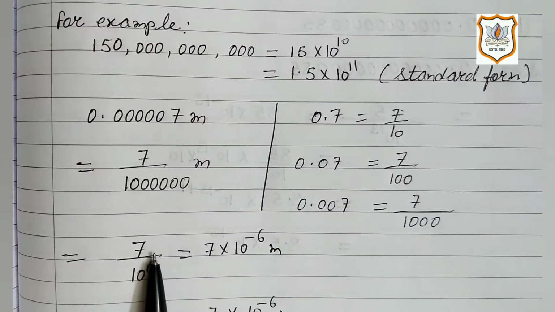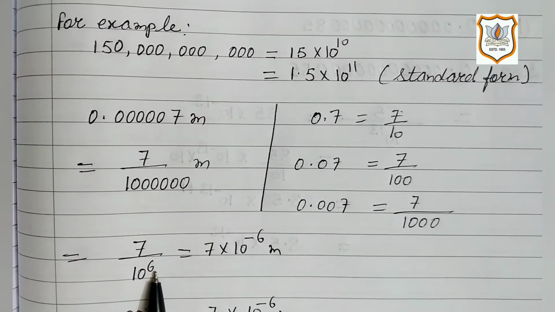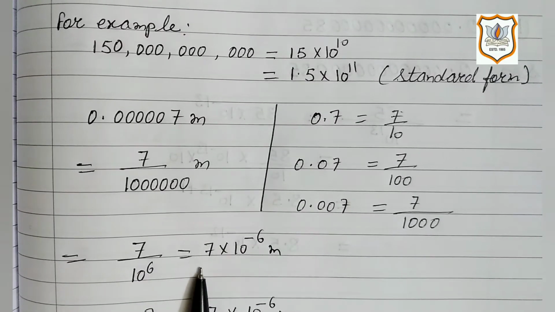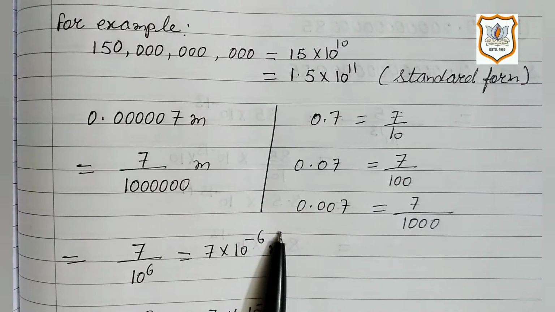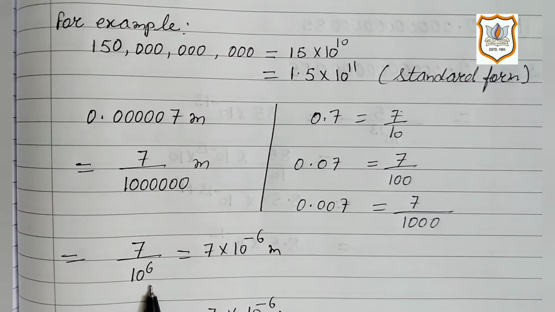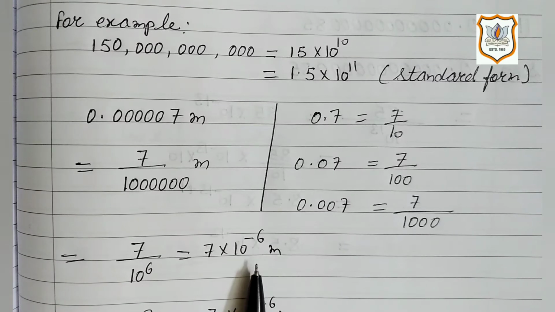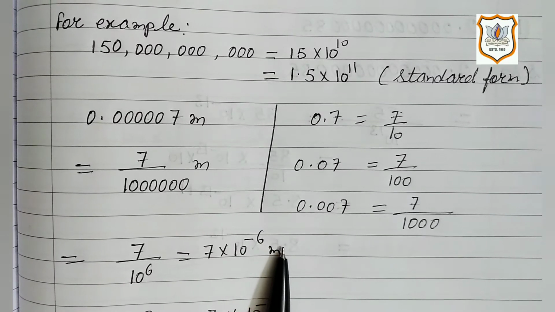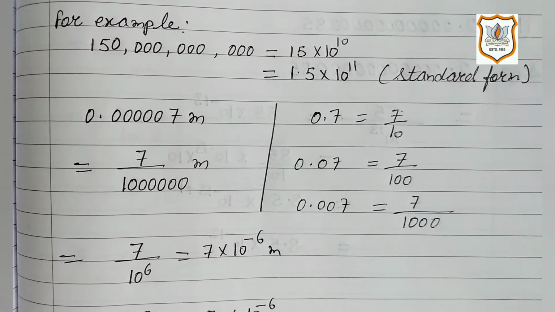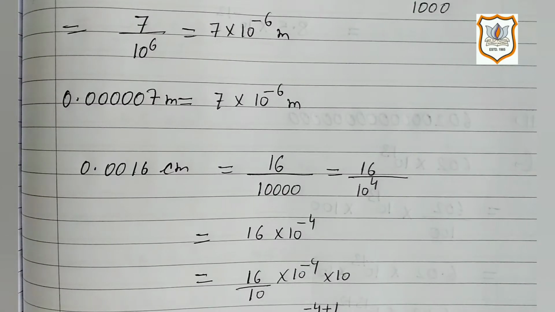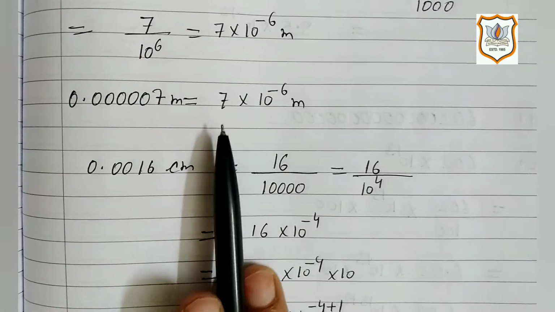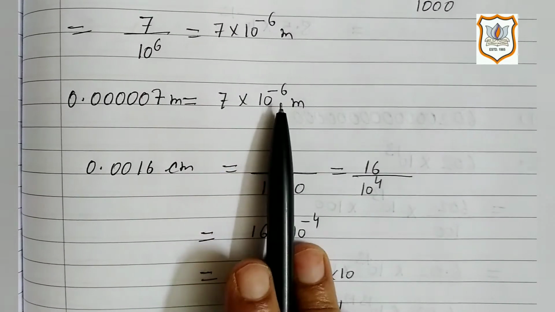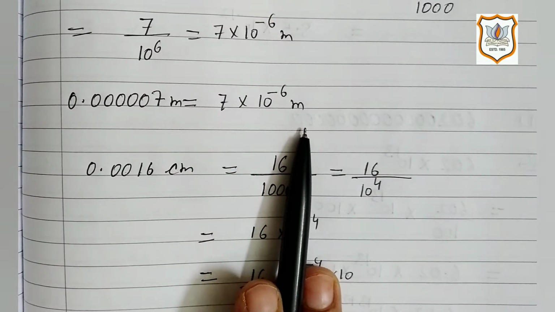And we write 7 upon 10 to the power 6 is equal to 7 multiplied by 10 to the power minus 6. We can write 1 upon 10 to the power 6 is equal to 10 to the power minus 6. So we express this number as 7 multiplied by 10 to the power minus 6 meter.